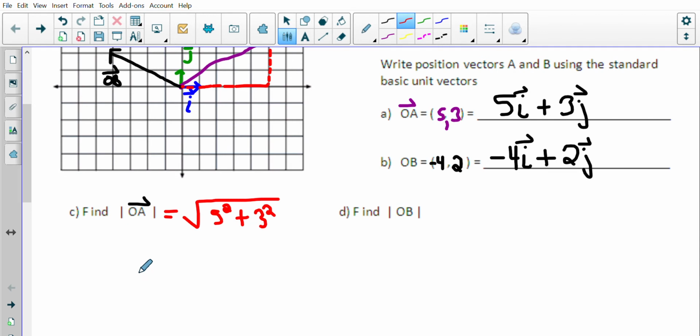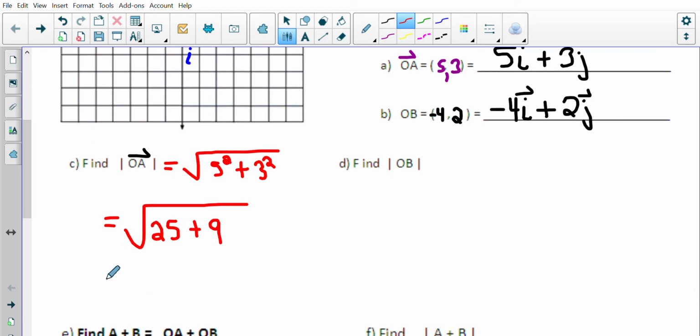In that square root, 5 squared is 25, 3 squared is 9, and if I add those two together, I get the square root of 34. I put that into my calculator, and I get 5.83. Now I could do the same thing with the magnitude of OB, but I'm going to skip a couple here and there.